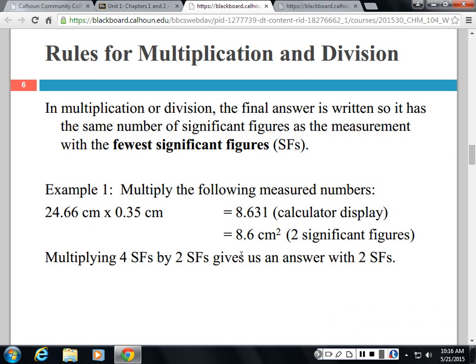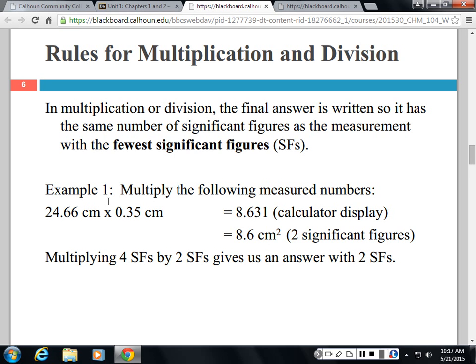So how do you report your answers for multiplication and division? Whether it's 2 numbers, 3 numbers, 4 numbers, however many you have, your final answer is written so that you have the same number of significant digits as the measurement with the fewest significant digits.